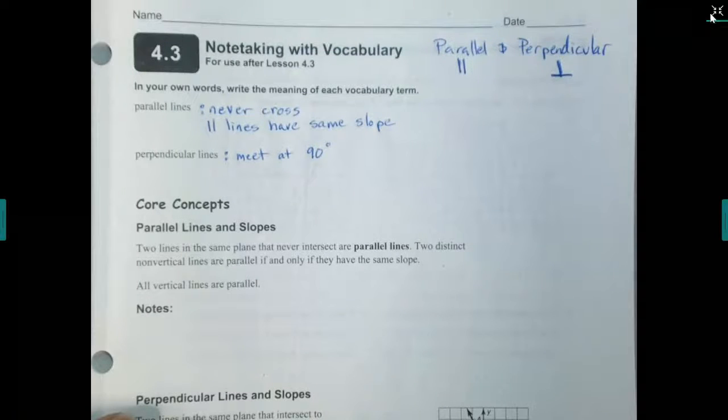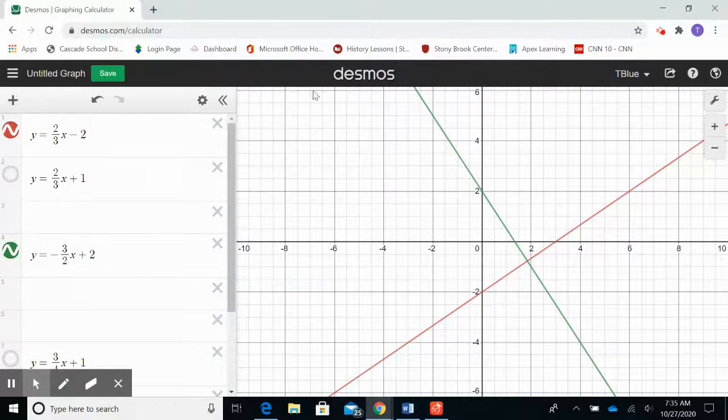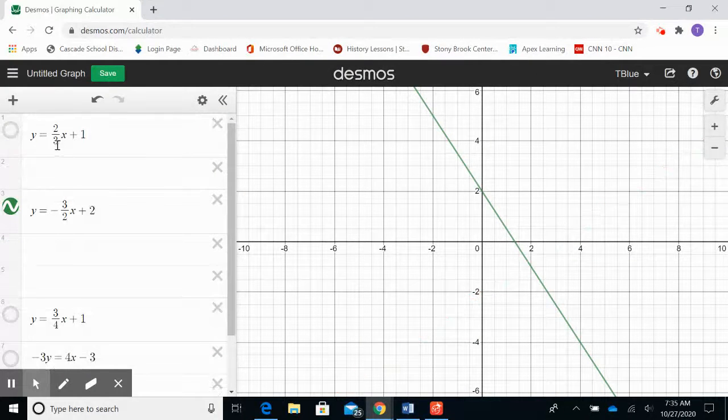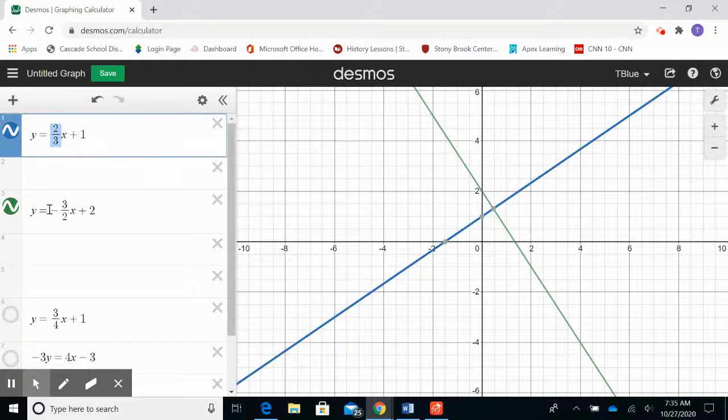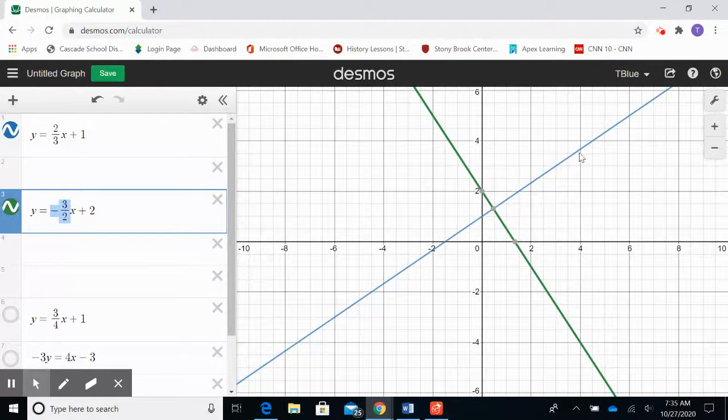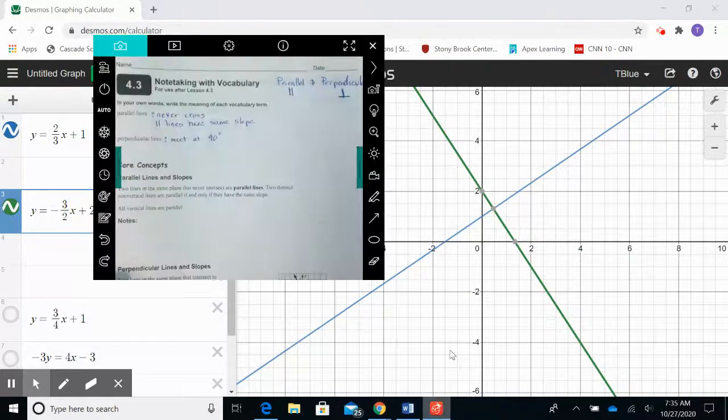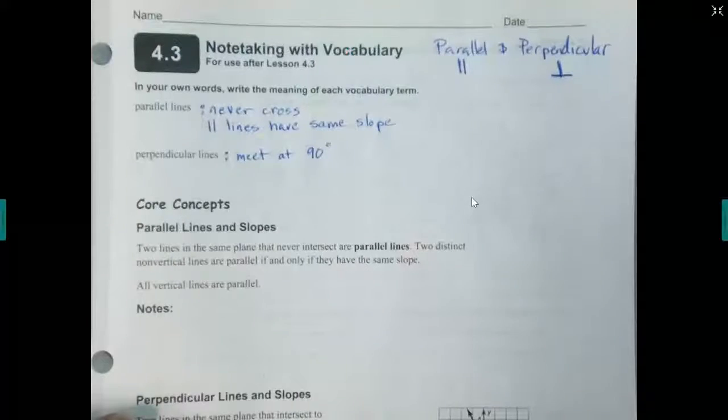And let's see if there's anything else we can tell about their slope from their equations. So here we have y equals 2/3 x plus 1, and then y equals -3/2 x plus 2. 2/3 and -3/2.